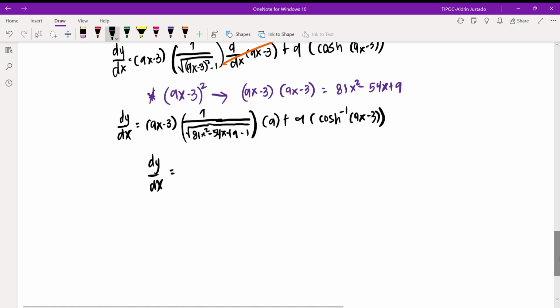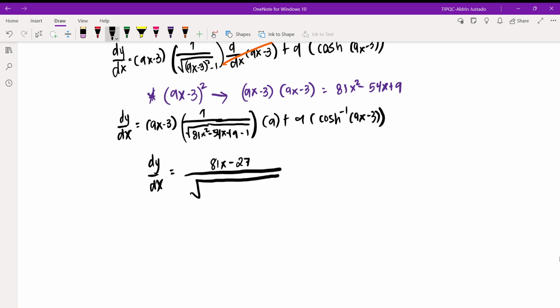Ito na. 9 times x is 81. 81x minus 27 divided by square root of 81x squared minus 54x plus 8, plus 9 times the inverse hyperbolic cosine of 9x minus 3.